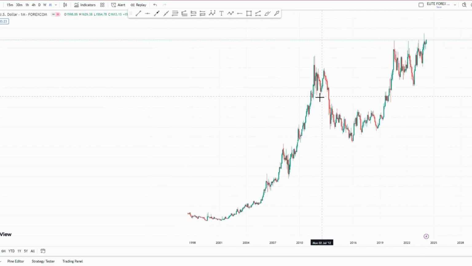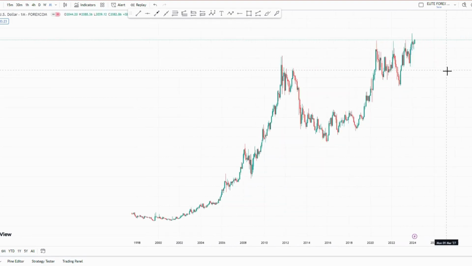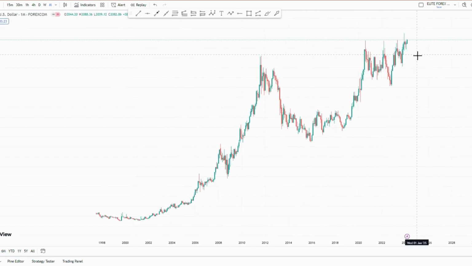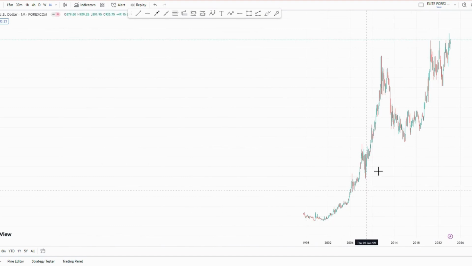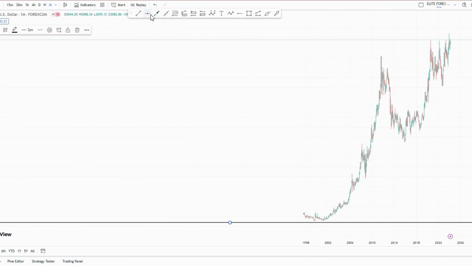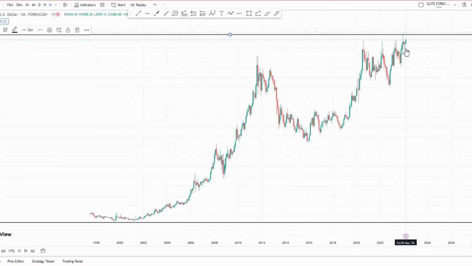Like the monthly time frame, now you can see that the market is buying in an upward movement, and then this was the lowest price and this was the highest price, and then there was a rejection there.